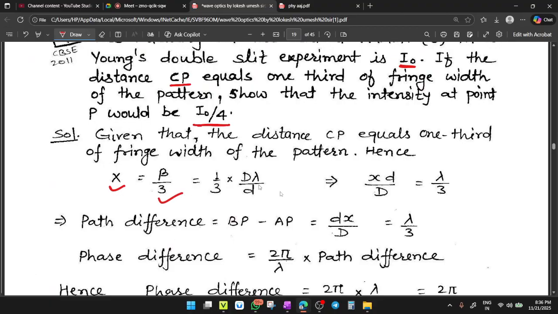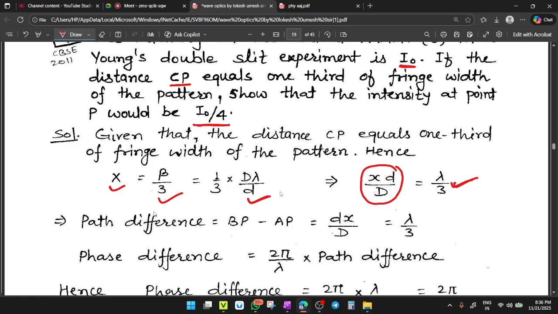The formula for fringe width beta is lambda D by d. So x equals lambda D by 3d, which gives x d upon D equals lambda by 3. Clear, students? Now calculate the path difference.